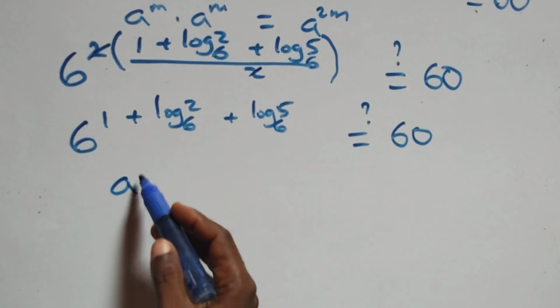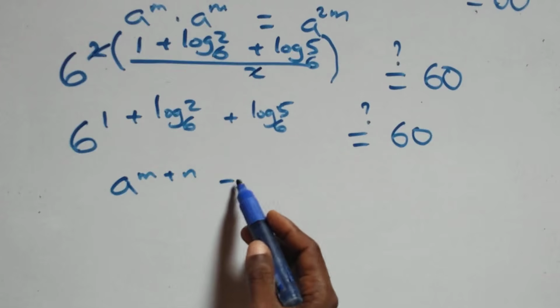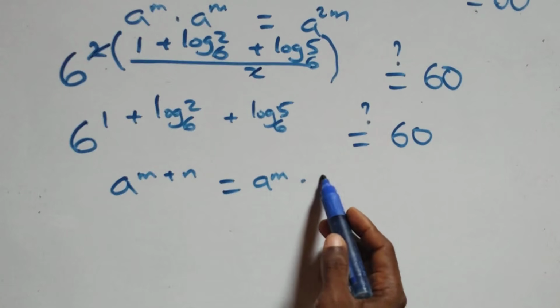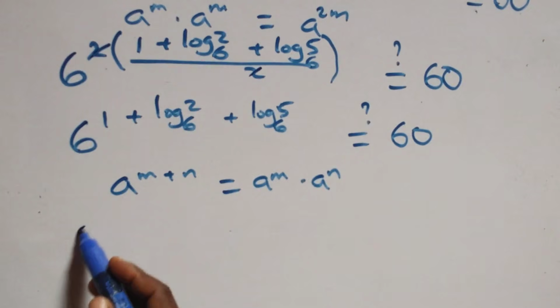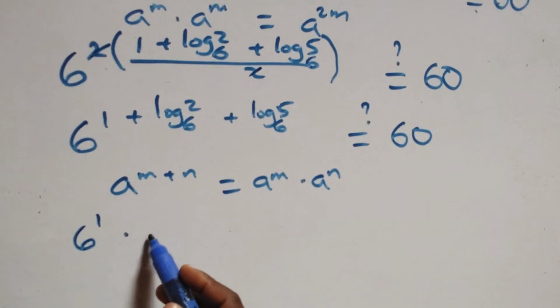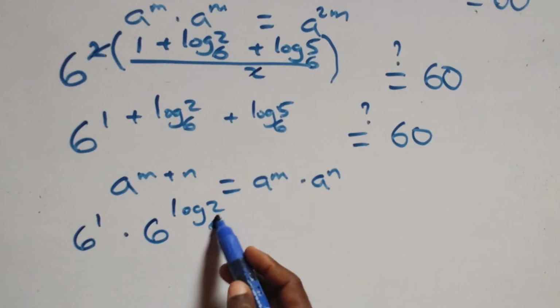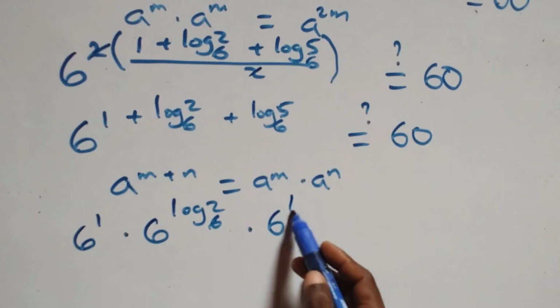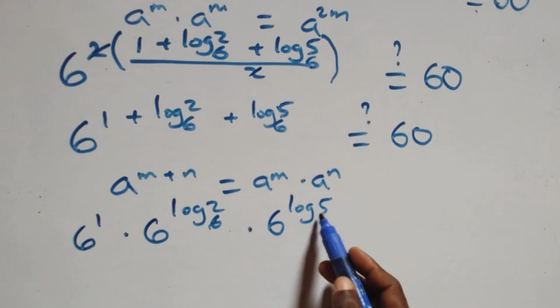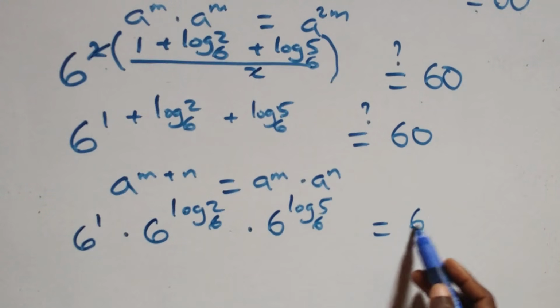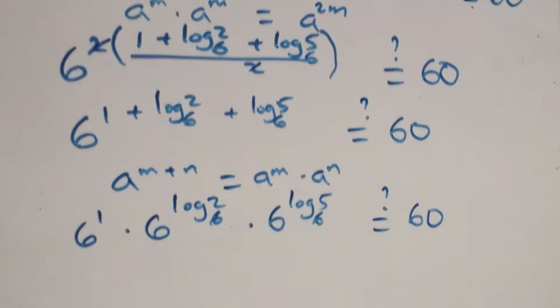We apply the law of indices here. When we have a raised to power m plus n, it is the same thing as a raised to power m times a raised to power n. Here we have 6 raised to power 1 times 6 raised to power log 2 base 6 times 6 raised to power log 5 base 6 equals 60 on this side.